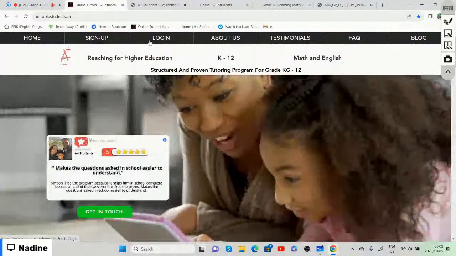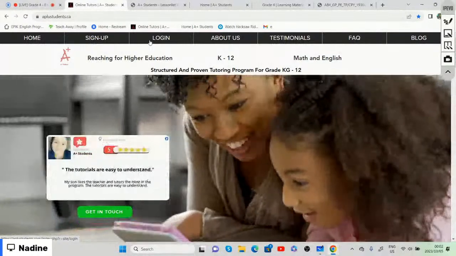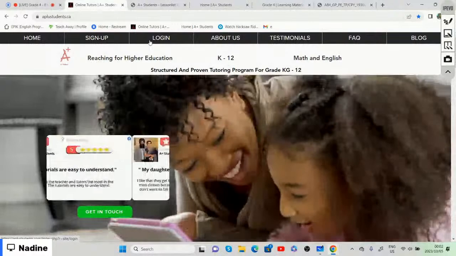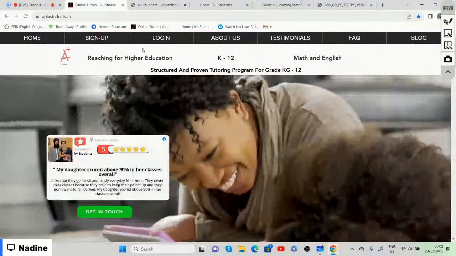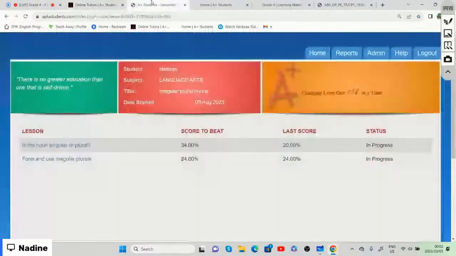Once you've chosen grade 4, you're going to scroll down until you get to the chapter of irregular plural nouns.